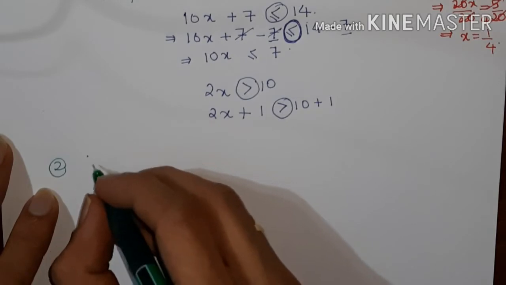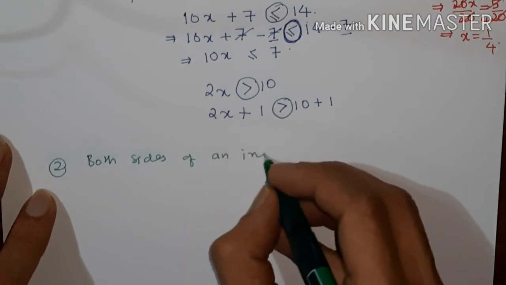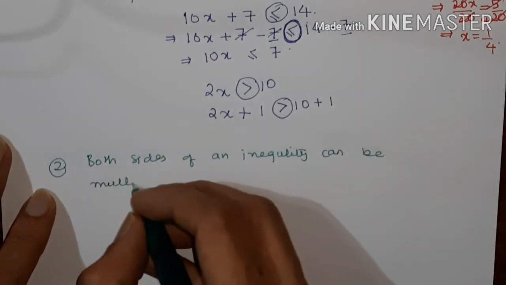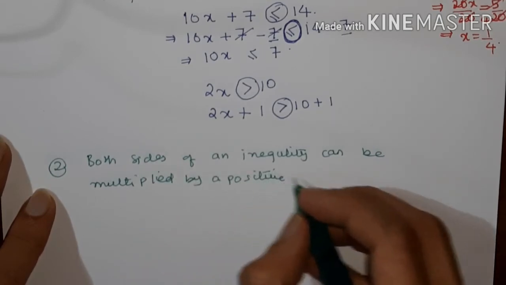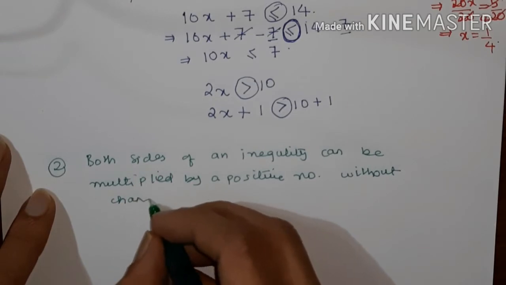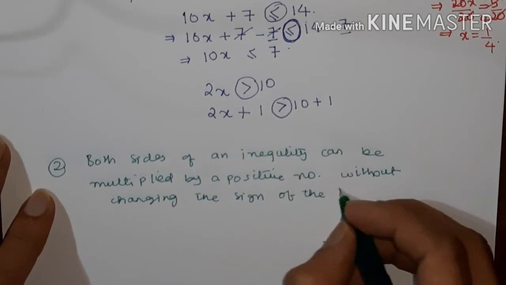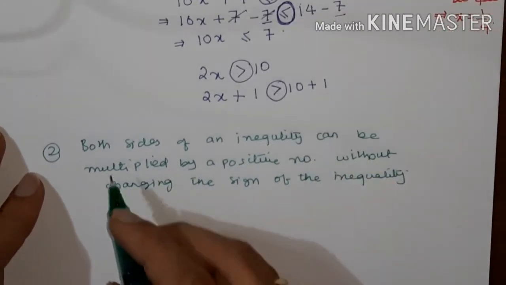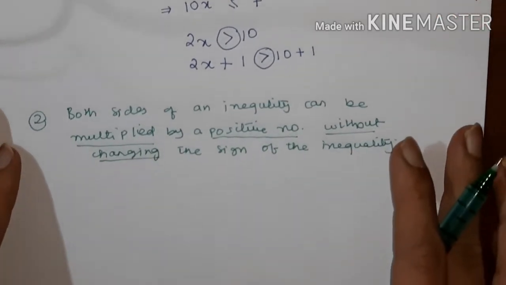The second rule is: both sides of an inequality can be multiplied by a positive number without changing the sign of the inequality.